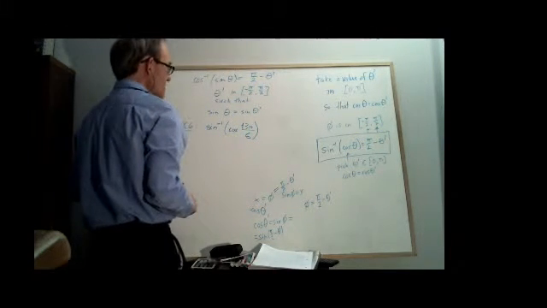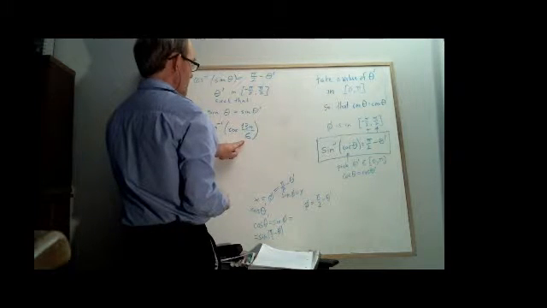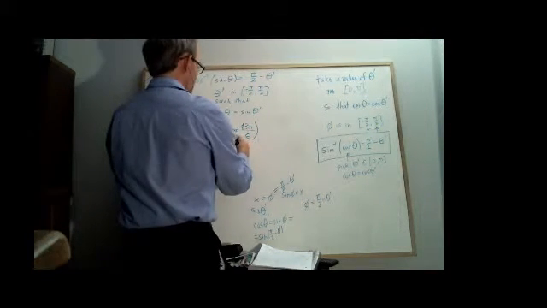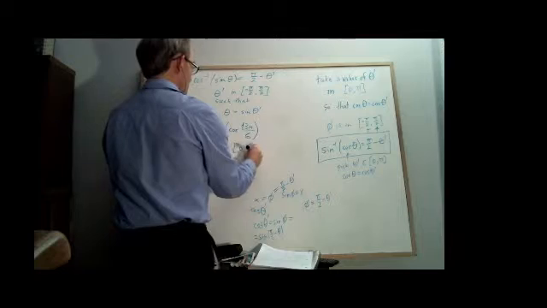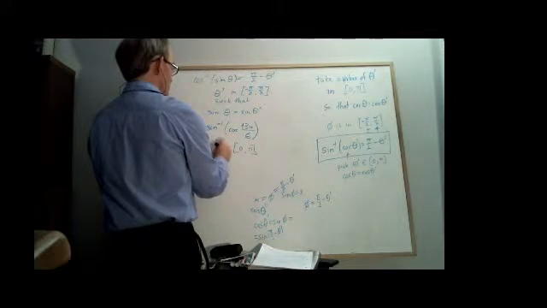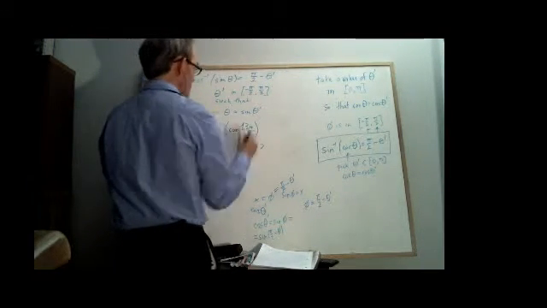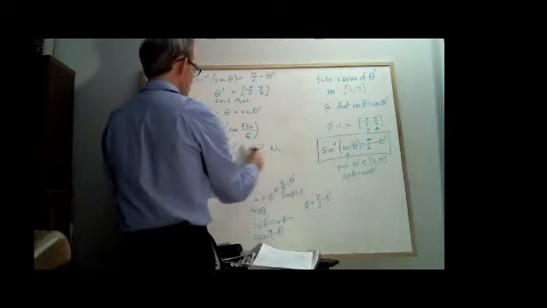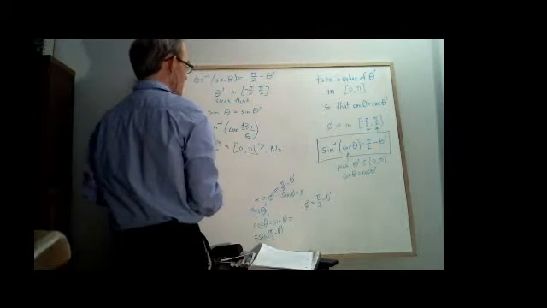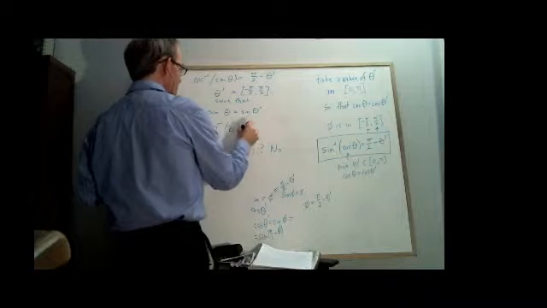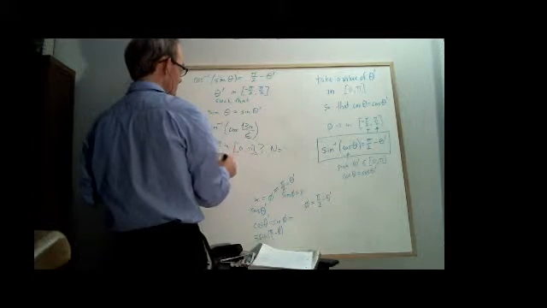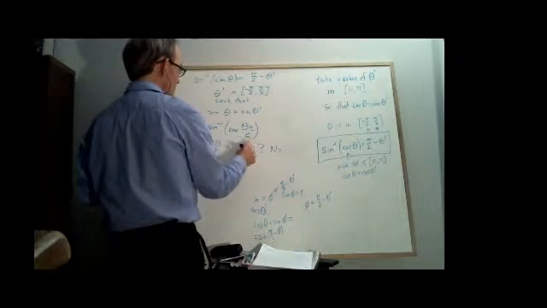Is 13 pi over 6 in the domain of the cosine? And the answer is no, because this is bigger than pi. So what would be an equivalent value which would keep the cosine of the angle the same, but now be in that domain?